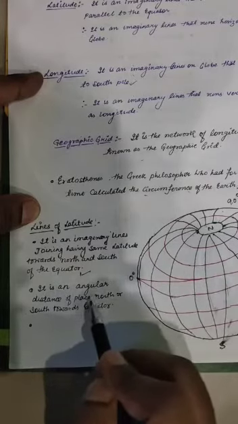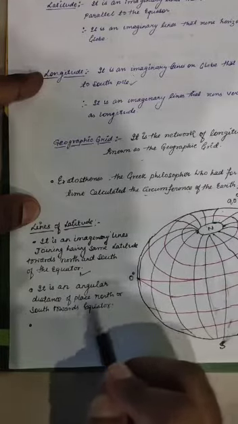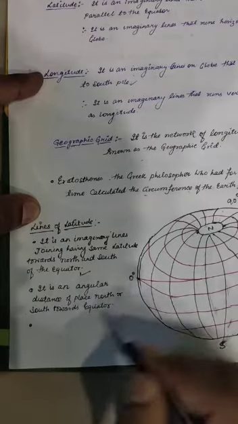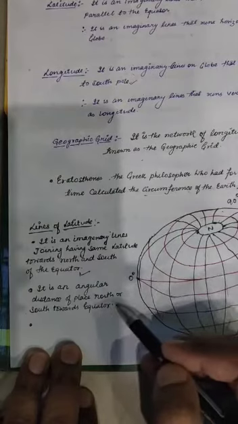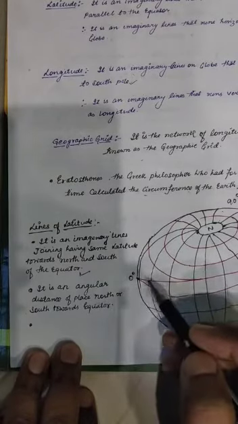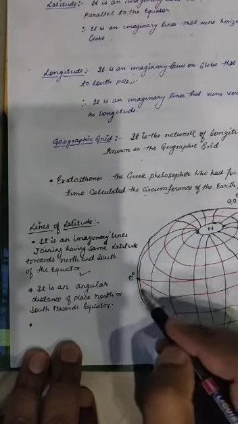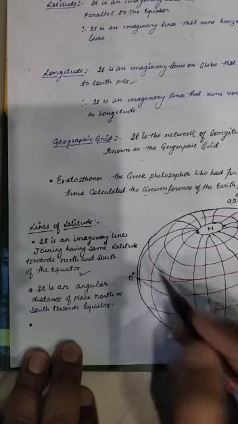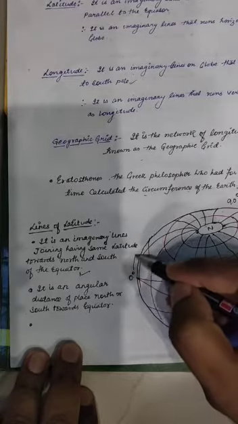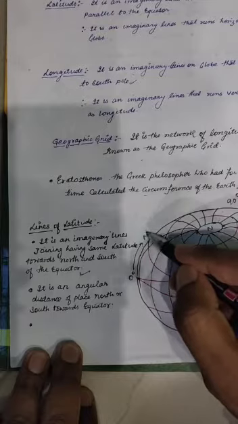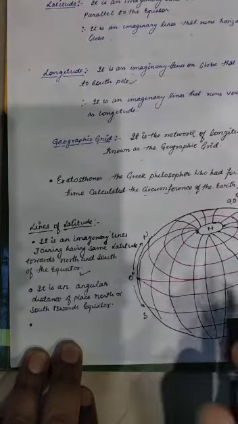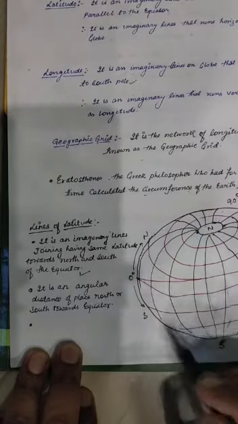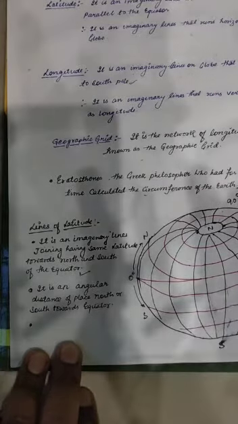It is the angular distance of a place north or south of the equator. Above the equator it shows north, and below the equator it shows south, the northern hemisphere and the southern hemisphere.